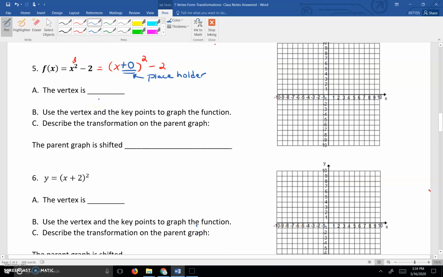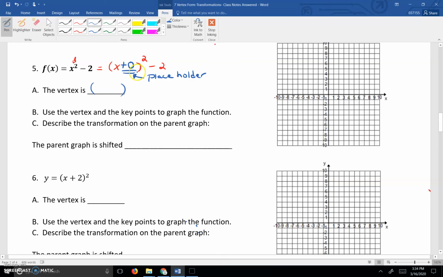So when I look at this problem, I have x plus 0 squared minus 2 when I add that placeholder in for the missing number with the x. So again, I'm going to take what's inside, and change its sign.